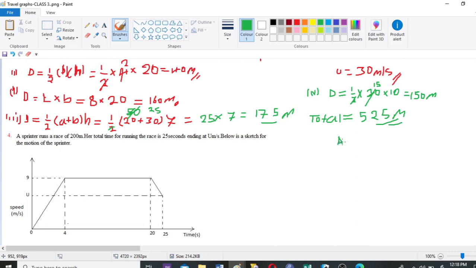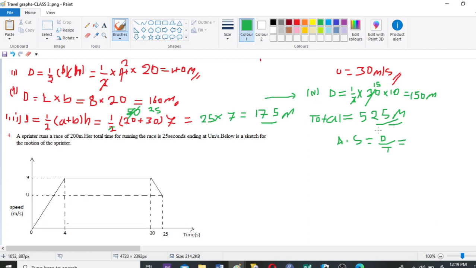average speed is equal to total distance divided by the total time. So this will be your total distance there. Let me just show this.